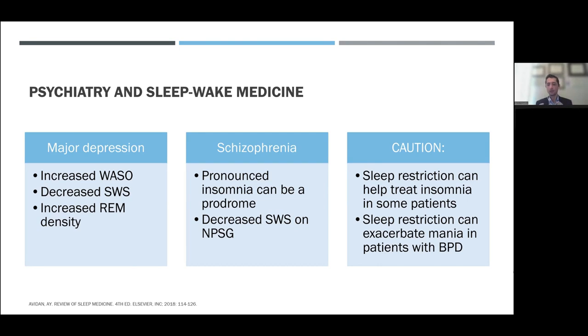So we want to be careful when we approach treating insomnia, because in some patients, restricting their sleep may exacerbate their other comorbidities. For example, a patient with mood disorder, someone who's at high risk for mania or hypomania, or has had that before, you might not want to start with sleep restriction.